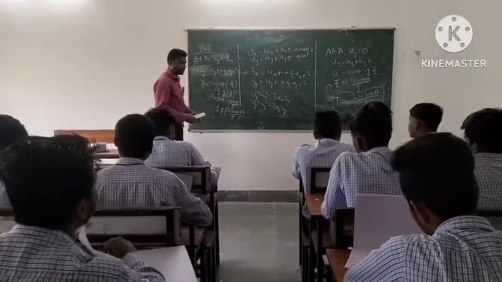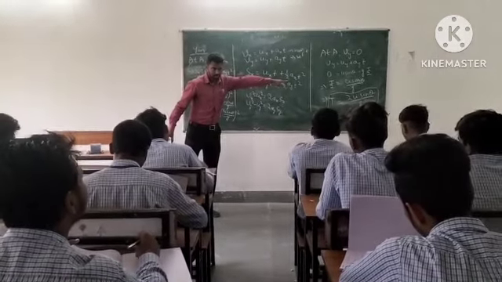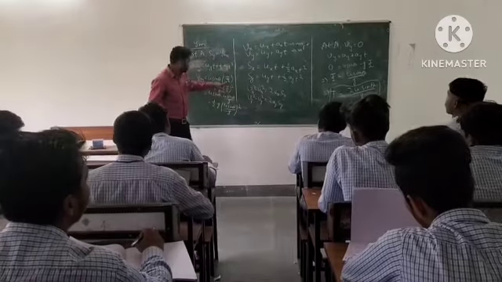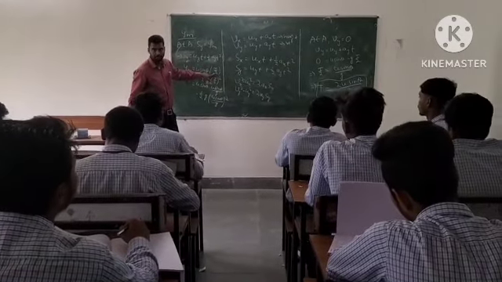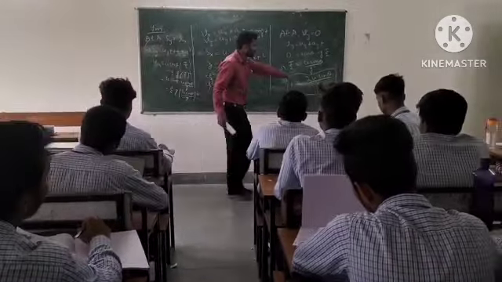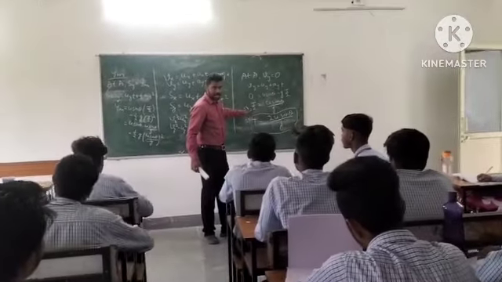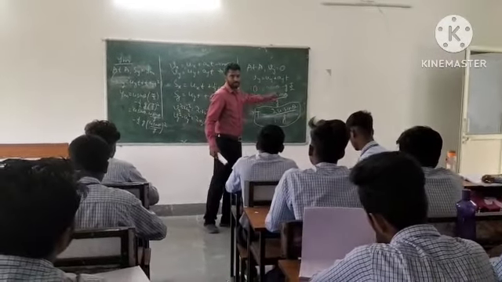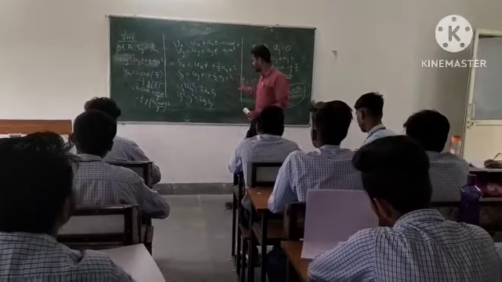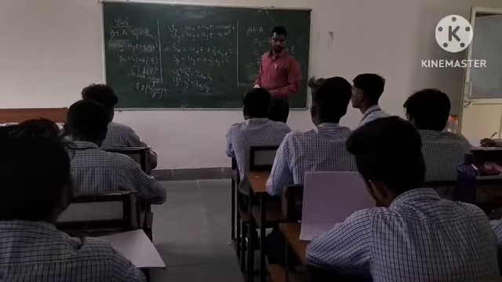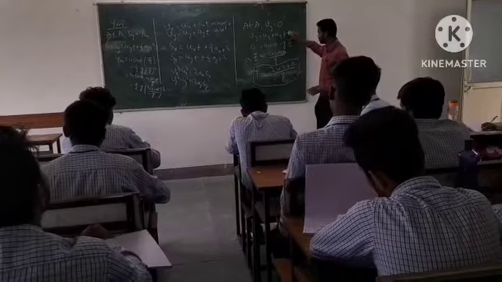Yes or no? Total time of flight is 2u sin theta by g and half is u sin theta by g. I have only put the value of T by 2 there.